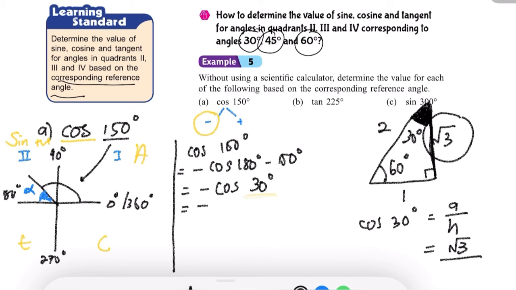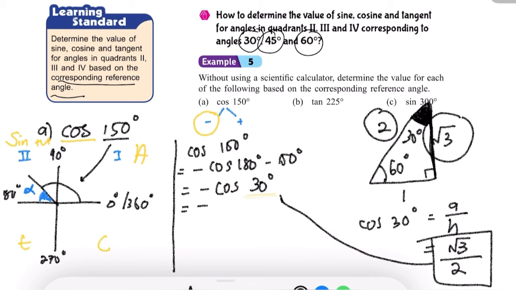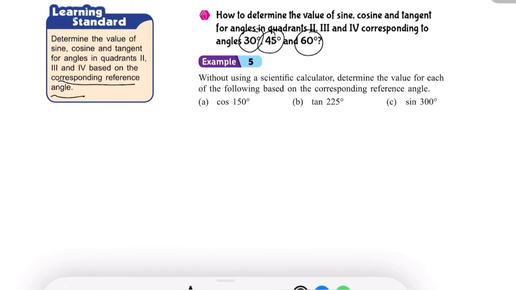And my hypotenuse is 2. So I put this value to here. So the answer will be negative square root 3 over 2.